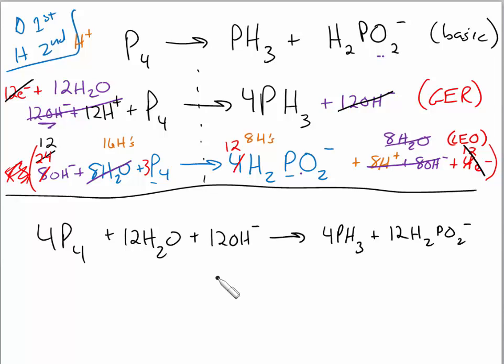Actually, I do see one other thing that we could do to clean this up a little bit more. We could factor out a 4 all the way through this expression if we wanted to. Now, honestly, on a test, if you got this far, you're fine, okay?